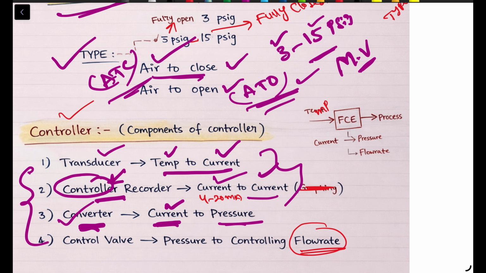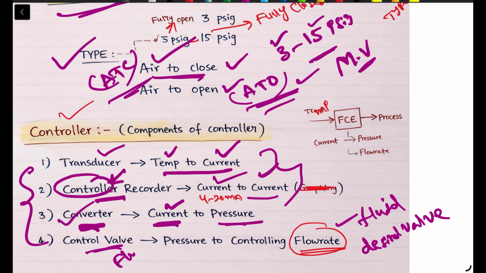Finally, the signal reaches the control valve, which adjusts the flow rate of the fluid. This changes the manipulated variable and helps to maintain the process variable at the desired value. That's what we want, right? This is what happens inside the controller.